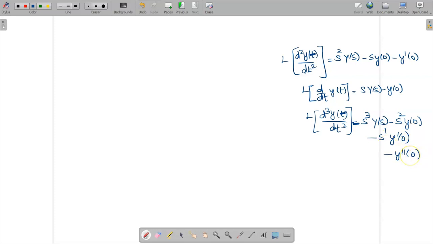So like this, for the given term you first have to find out the Laplace equation.